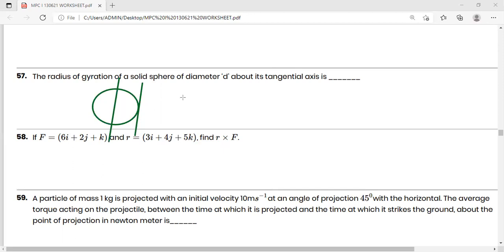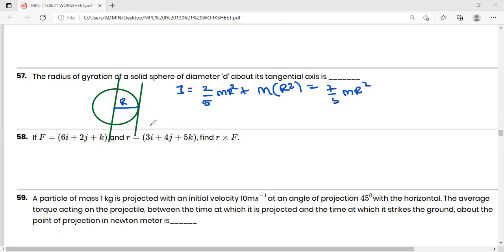So the moment of inertia about the tangential axis, according to the parallel axis theorem, is 2 by 5 m r square plus m into the distance between the two axes, which will be r only. M into r square. How much will it be then? 2 by 5 m r square plus m r square, that will be 7 by 5 m r square.